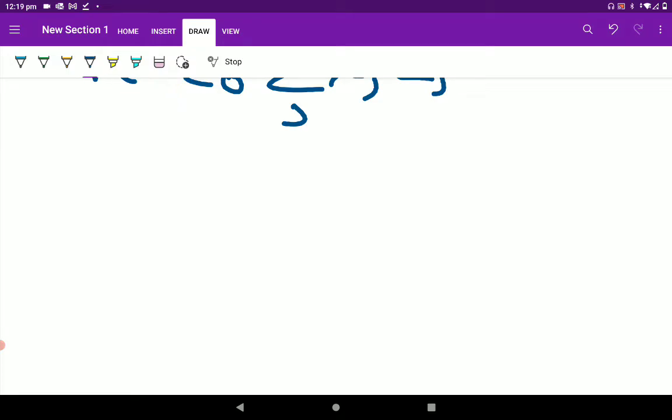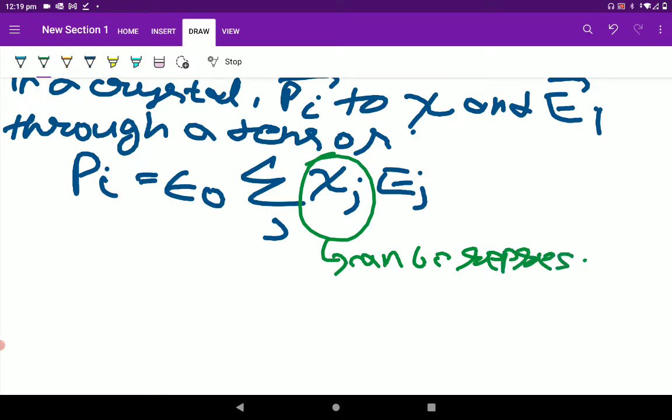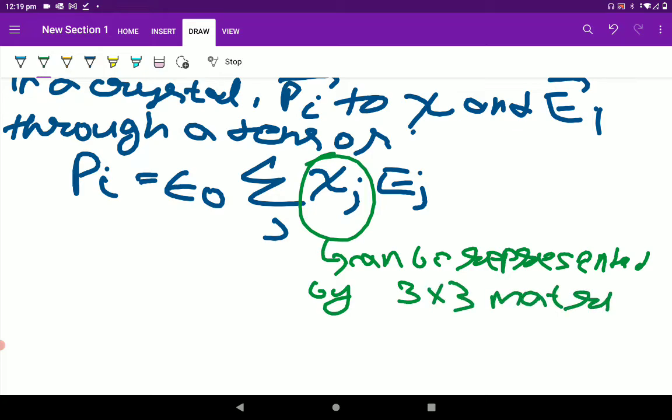This quantity here can be represented by a 3 by 3 matrix.